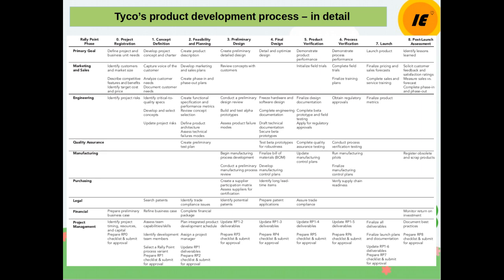And the financial team will refine the business case, and project management will assess team capability and skills, identify development team members, select a rally point, process variant, prepare the RP1 checklist and submit for approval.